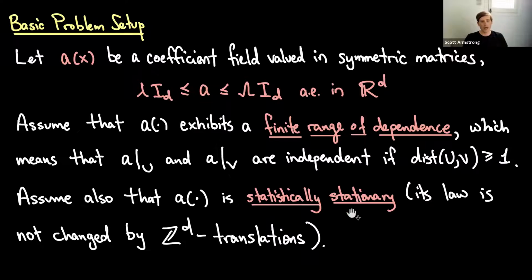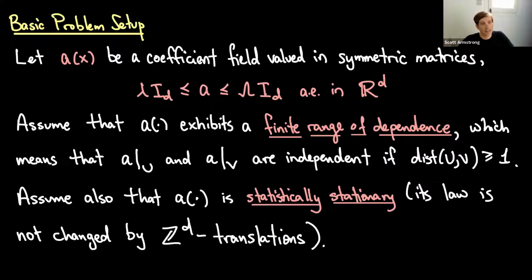We also assume that A is statistically stationary, so that when we compose with the translation by elements of Z^d, it doesn't change. An example of such a problem is if A were a checkerboard. Imagine an infinite checkerboard, and in every square you flip a coin between 1 Laplacian and 2 Laplacian.